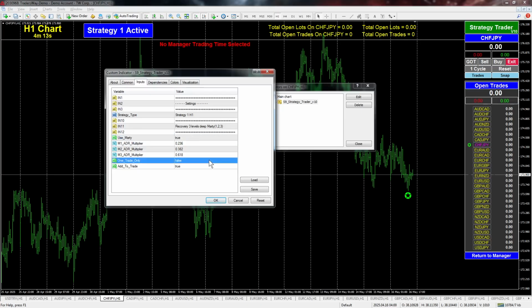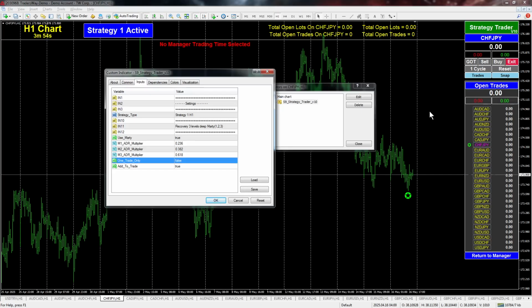Then we got the 1 trade cycle, and that refers to this 1 cycle button up here. What that means is, say you entered this trade and then you got an exit signal up here, if you had the one cycle turned on, it would not take another trade.